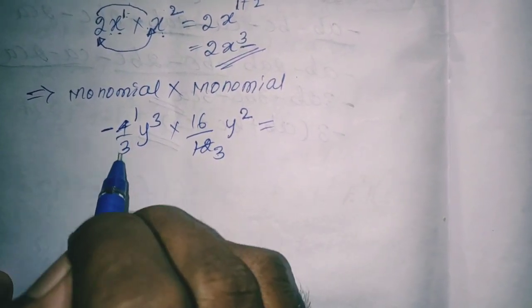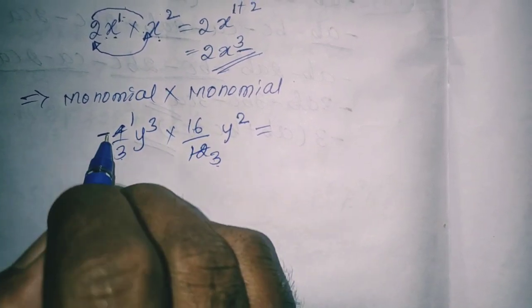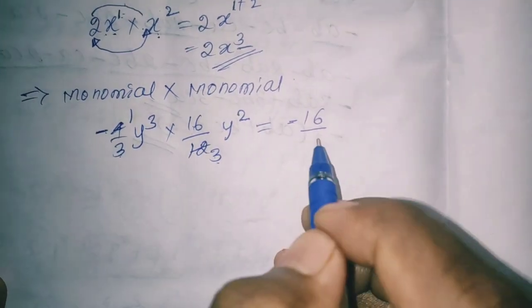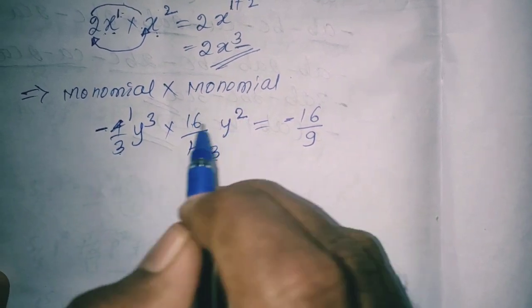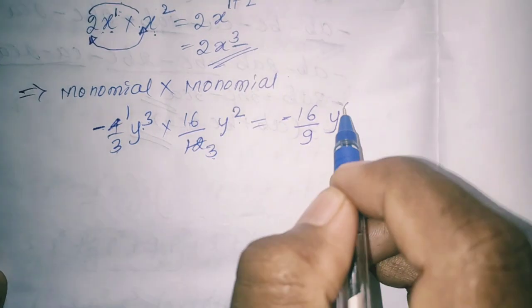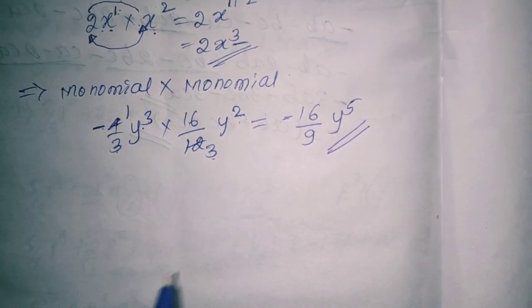Then here minus 1 by 3 is there, here 16 upon 3 is there. You just multiply the sign also. Minus 1 into 16, minus 16 divided by 3, 3 threes are 9, minus 16 upon 9. Here y raised to 3, here y raised to 2, means y cube into y square. 3 plus 2, 5, y raised to 5. This is a simple one. So I hope you understood this.